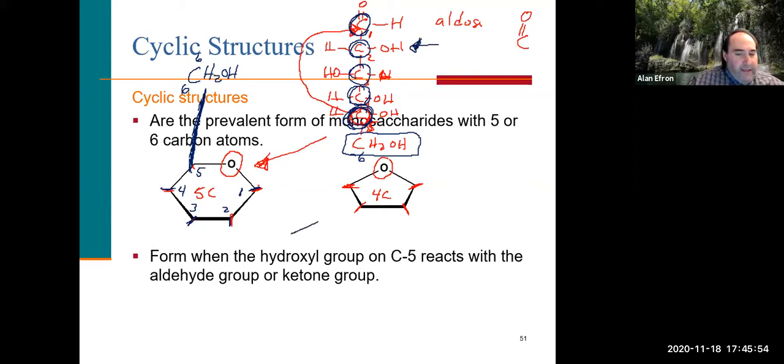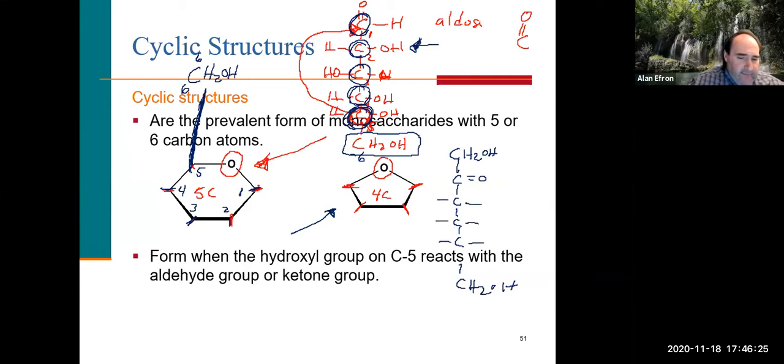Now, how we get to a cyclic structure like what we see here on the right is, for example, if we take something like this. Go one more here. I won't draw all the other stuff for now, but we'll just draw it like that.